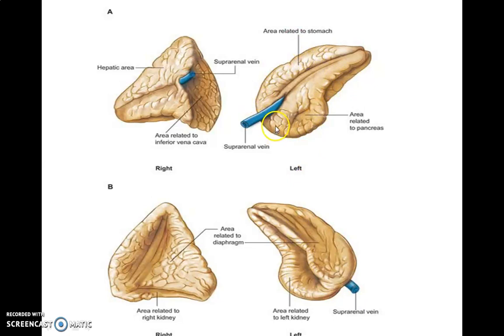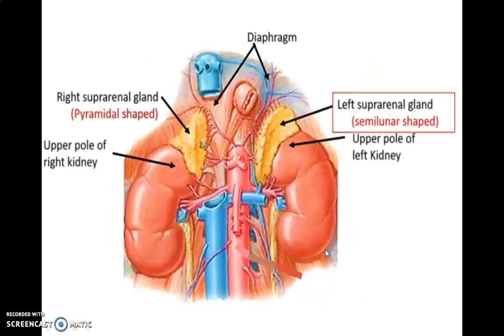So, the left suprarenal gland has a lower end, upper end, medial border, lateral border, anterior surface divided into upper and lower areas, and posterior surface divided into lateral and medial areas. See, this is the right suprarenal gland and this is the left suprarenal gland.